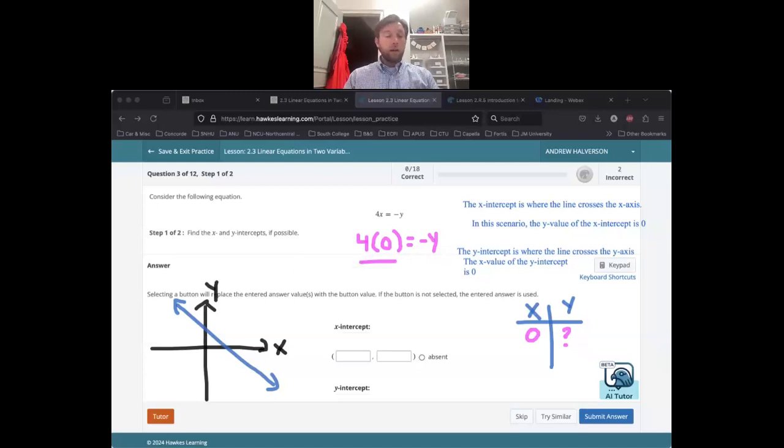What does this give me right here? 4 times 0 is 0. So 0 equals minus y. And then I divide both sides by negative 1 to get rid of the negative. And so what does that give me for my y value?